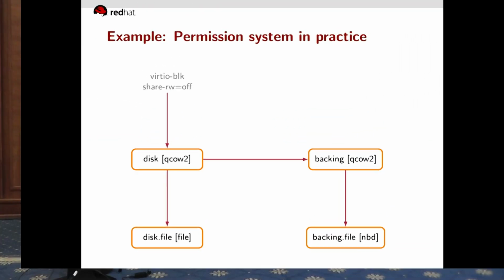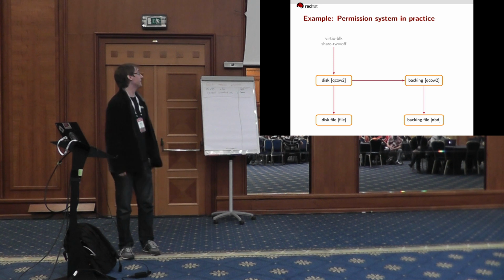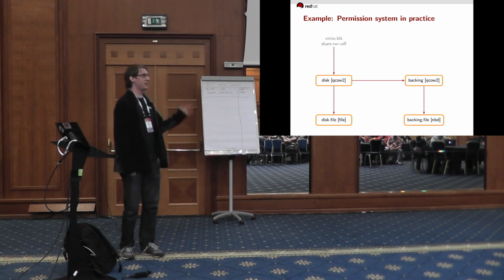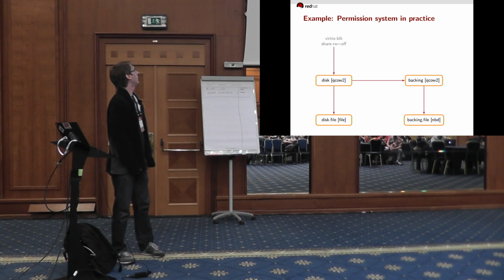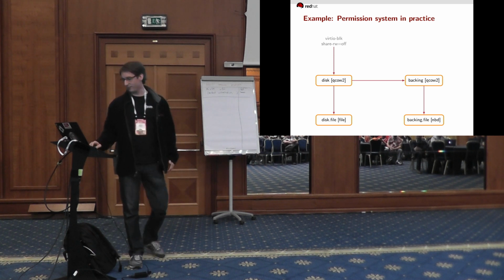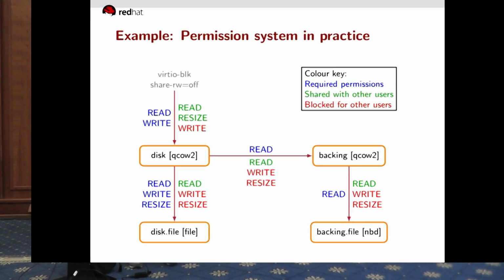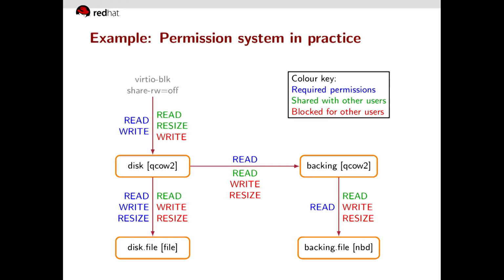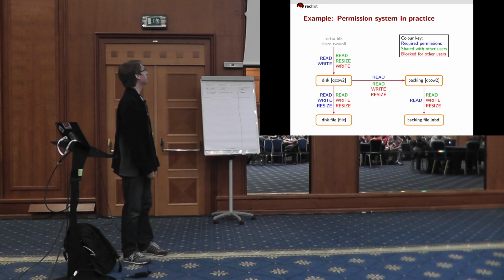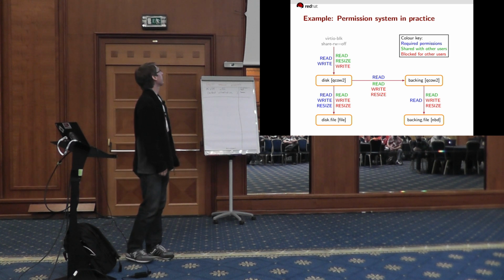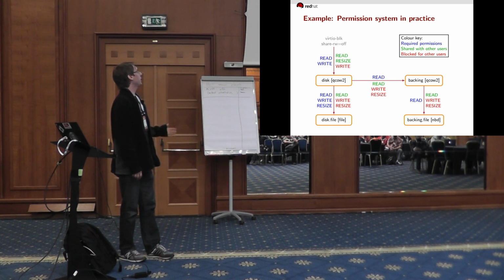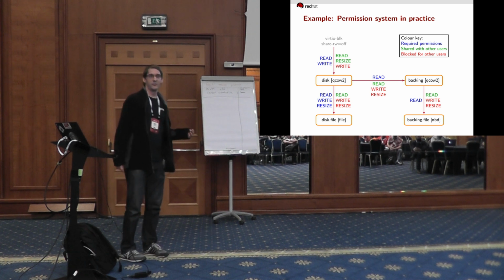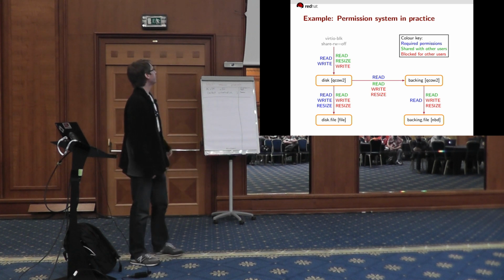So let's do this with a concrete example. This is just a simple block graph, a disk and a backing file like we had before. And now we have the permissions on all of the edges. So if we start at the top left, our root virtio-blk block device wants to read from the disk and wants to write to the disk.